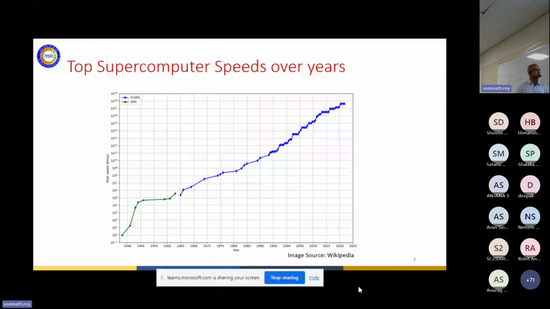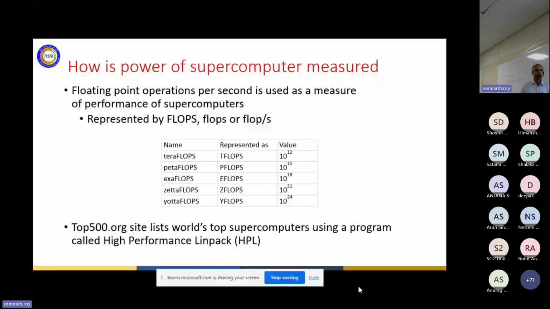And as this graph, if you follow it, you find that today we have things which are 1 into 10 to the power 18. I think it might not have reached here exactly, but today we have an exascale supercomputer, which I shall tell later. Okay? So this is how things have progressed, and today supercomputers' power is measured in floating point operations it can do. So what is this unit?